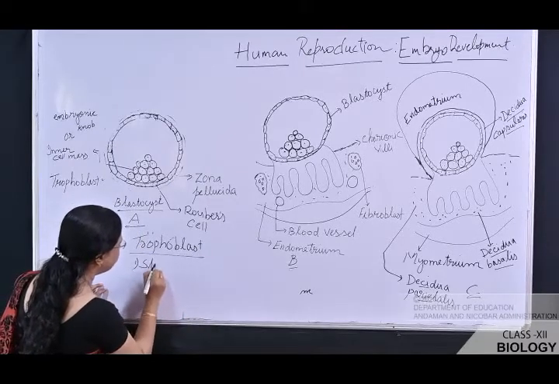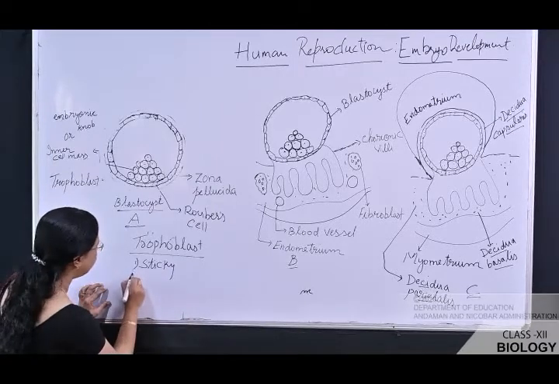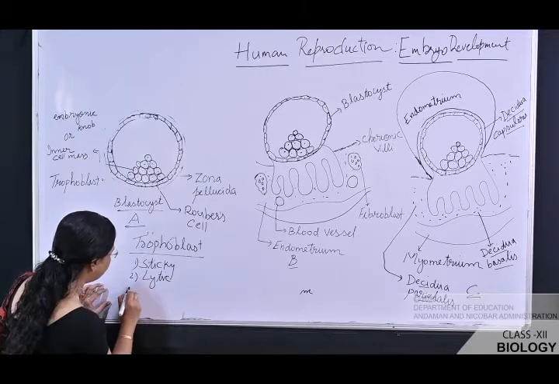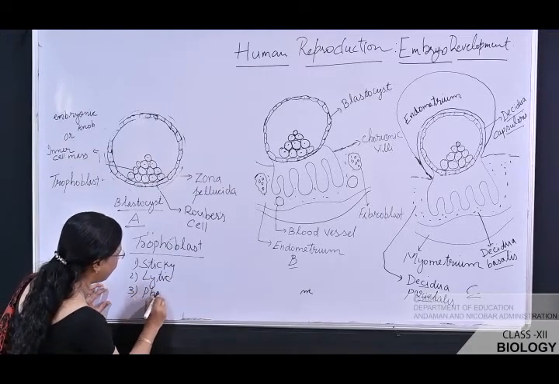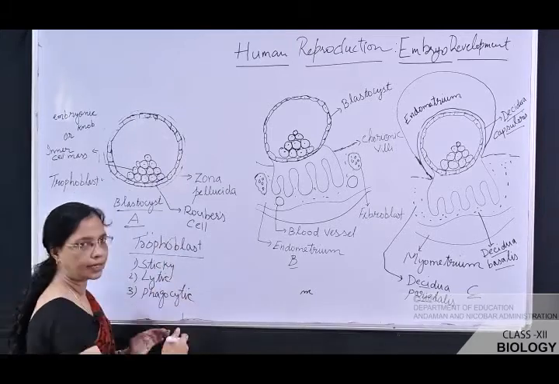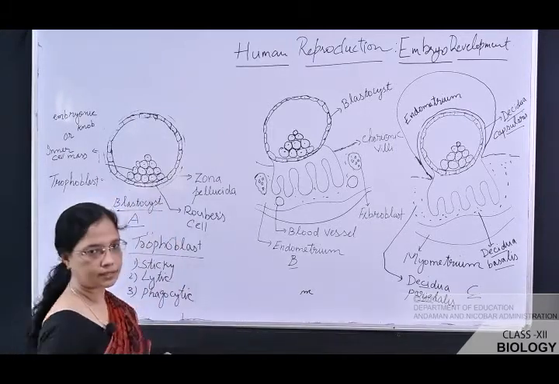Second, lytic. Third, phagocytic. These are the three characteristic features of this trophoblast.